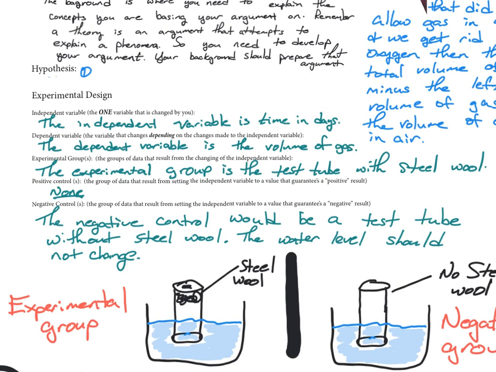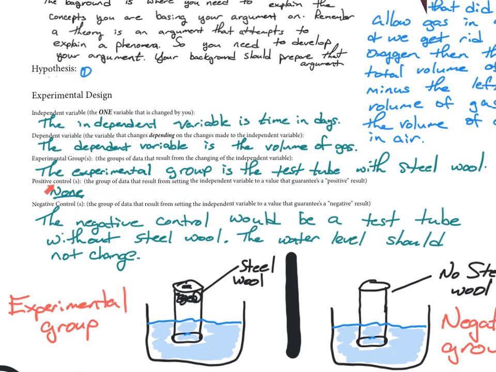If you're not sure if a substance has sugar, you have a white powder and you want to know if there's sugar in it, and you have an indicator that turns red if there's sugar in this powder, you would add the indicator and see if it turns red. Well, your positive control would be if you took that indicator and put it on something you know is sugar. So you just want to compare.